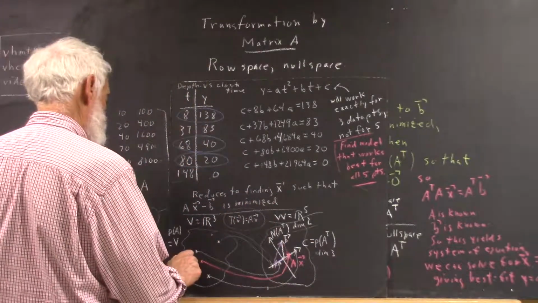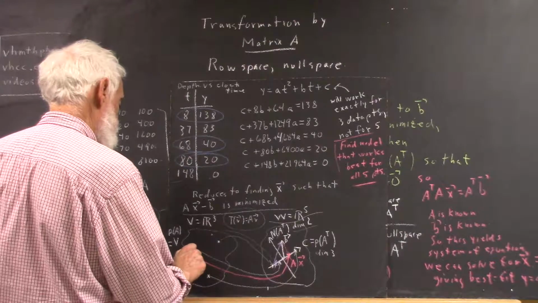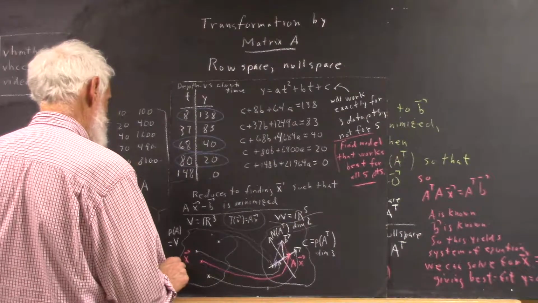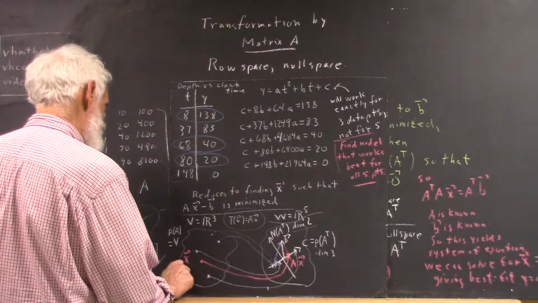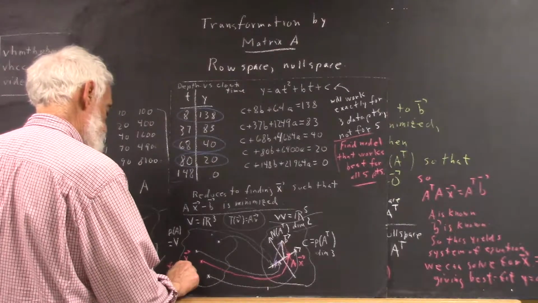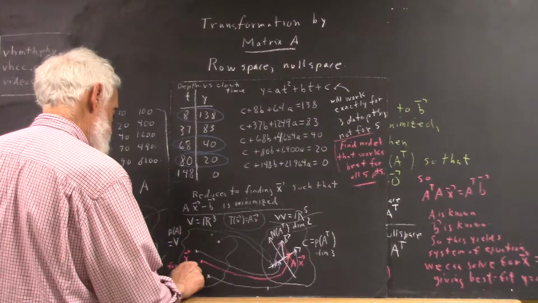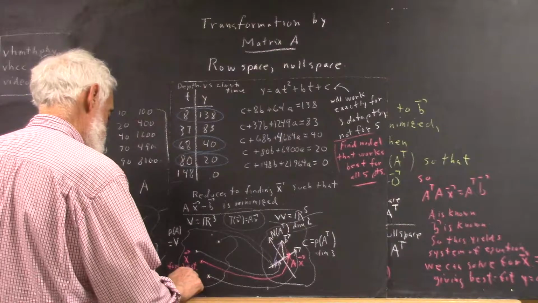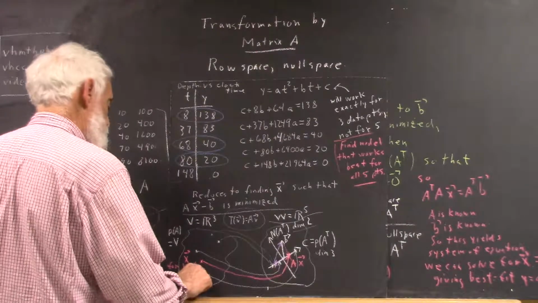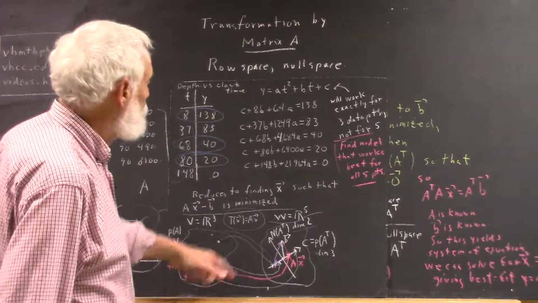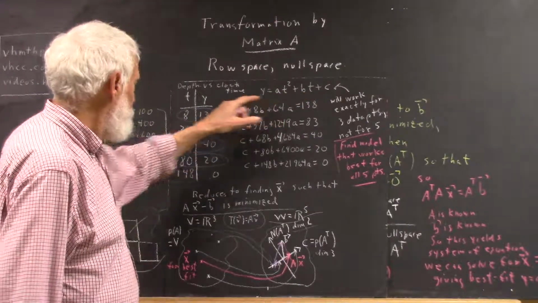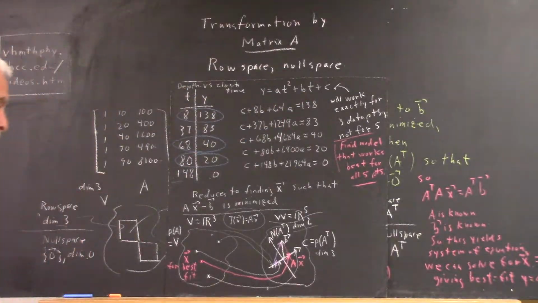So here is our X. Let's try to fit. The X equals the ABC that we put in here that gives us the best fit to this data.